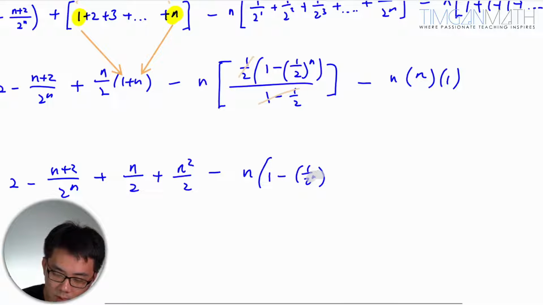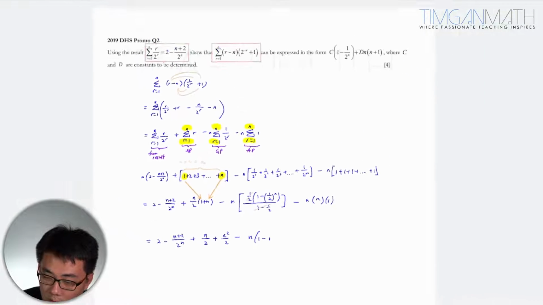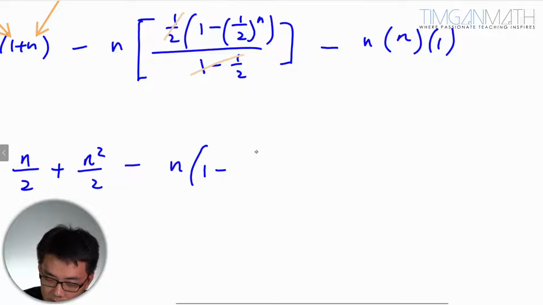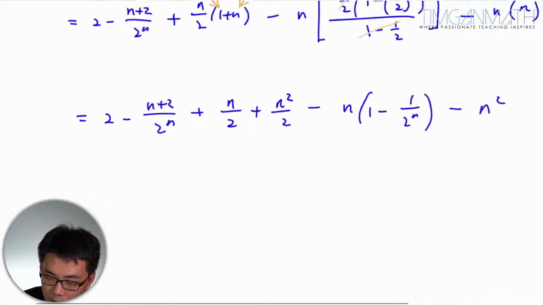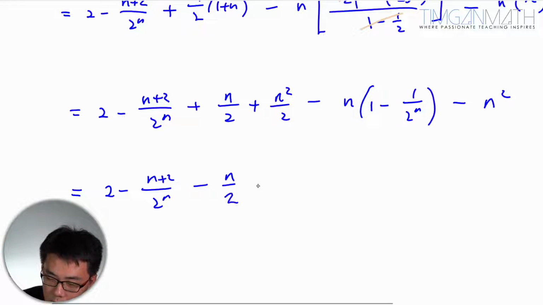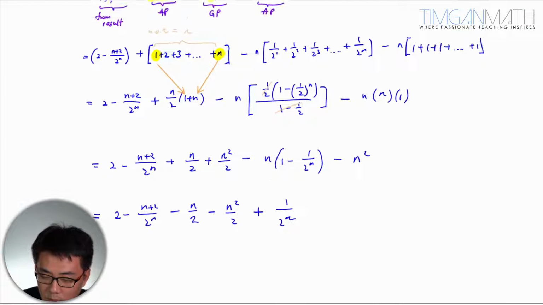Let me just do this properly. Okay, good. Then we will get... there's no constant, so the 2 will be in front. n over 2. This is algebraic manipulation.